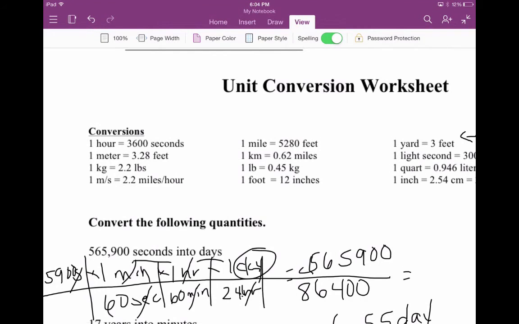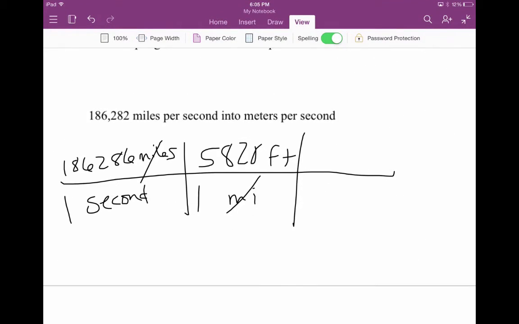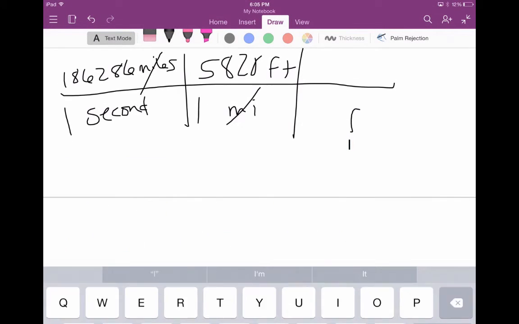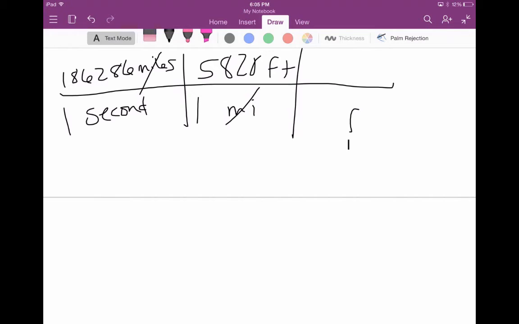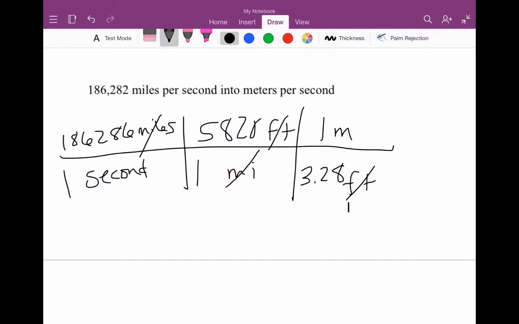Going back up, we have 1 meter equals 3.28 feet. Feet on the bottom. Feet, 3.28. Feet will cross out equals 1 meter. So now our units are meters per second, what we want.